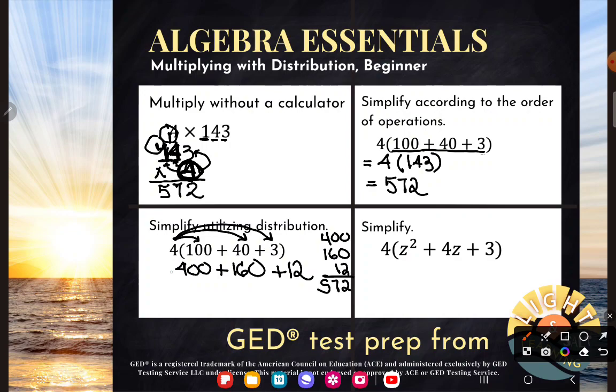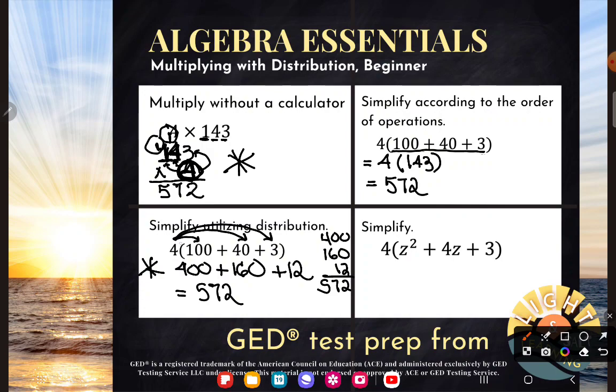And look what I get. 572. So again, it's the same math. And this often is the way that people will do it in their head when they do mental math. It's often easier to keep track of the numbers that way. Either way, I'm going to get to the same answer. And so that's my proof for you about why this should work.